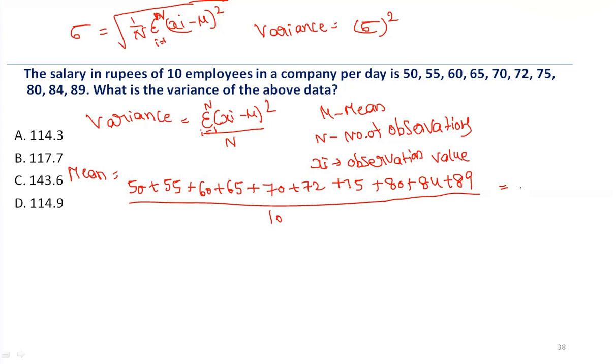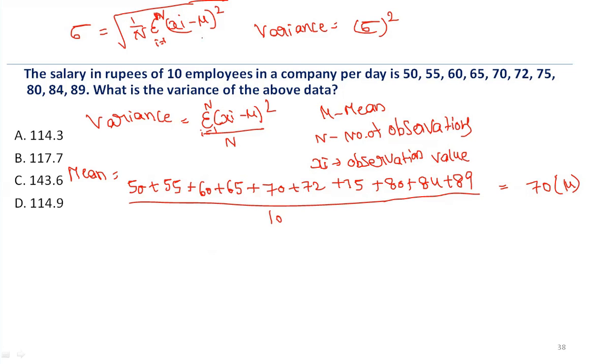Okay, so what is the value here, guys? Totally together, how much will you be getting? 700, so the mean, the value of mu, is nothing but 70 for the given observations. Now let's find the deviation of each and every observation with respect to the mean.